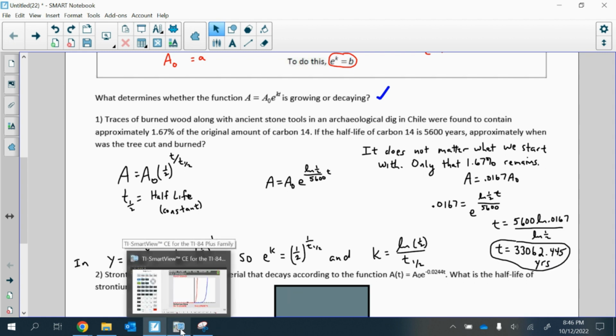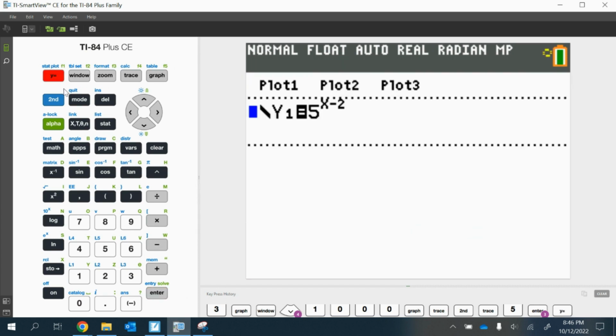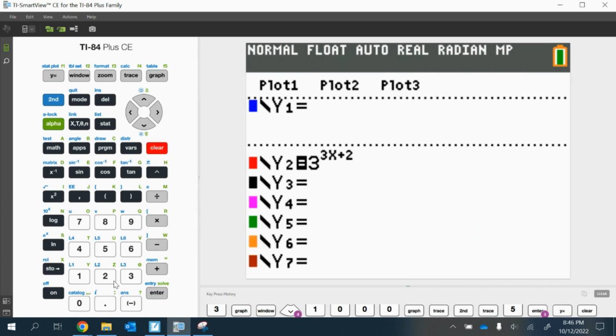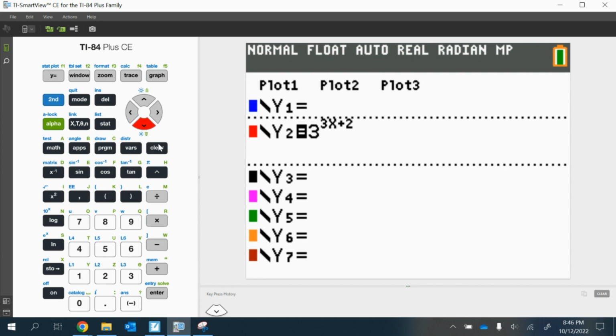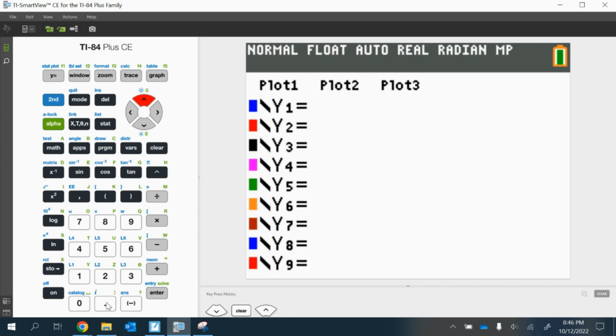But I could also do this on the calculator, and so I have the formula, which we'll just assume there's 100% to start.